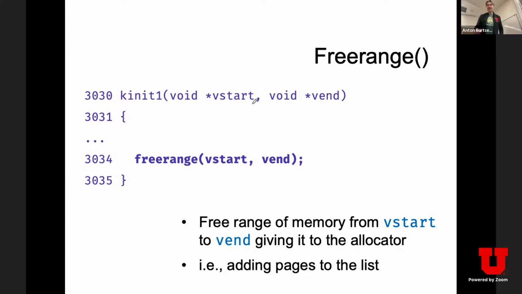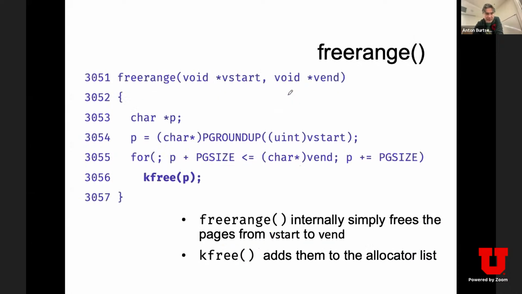And so they essentially say, okay, we're going to free a range of pages from the virtual start to the virtual end. I will reiterate one more time, it works very, very simply. In free range, they round up this virtual start to the next page, take the pointer p and increment it by the page size. Page size is 4096 bytes, and it goes up to virtual end, right?